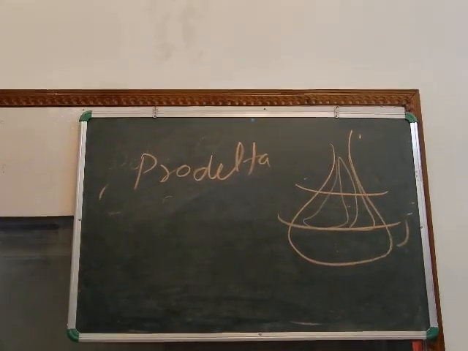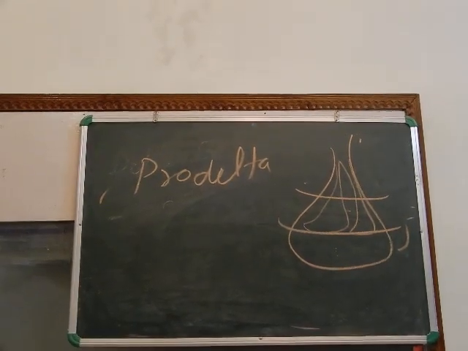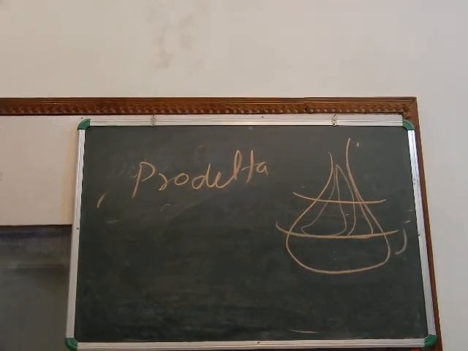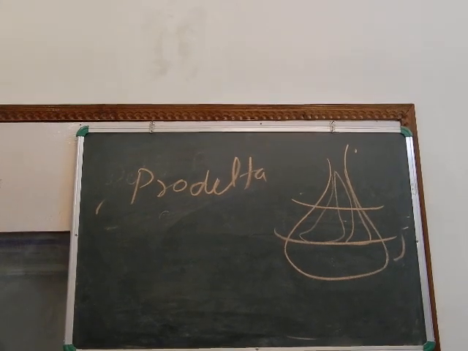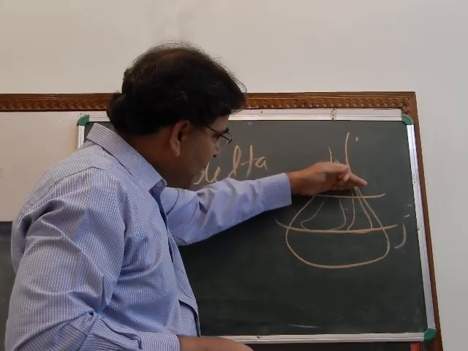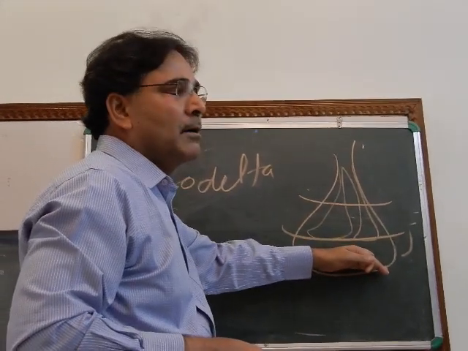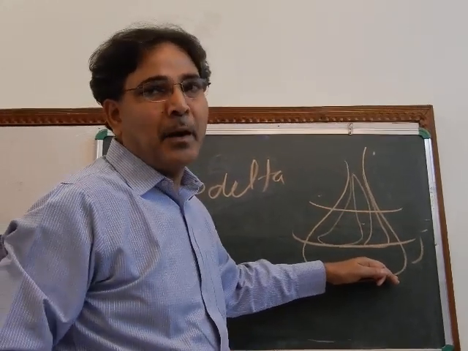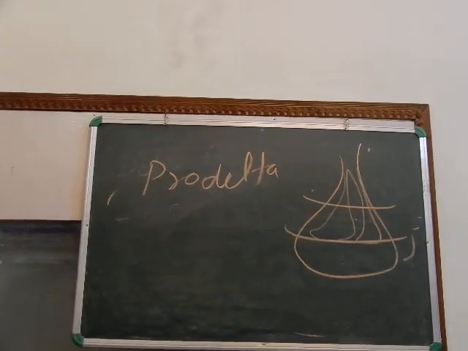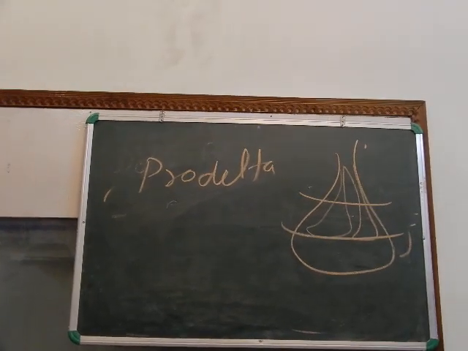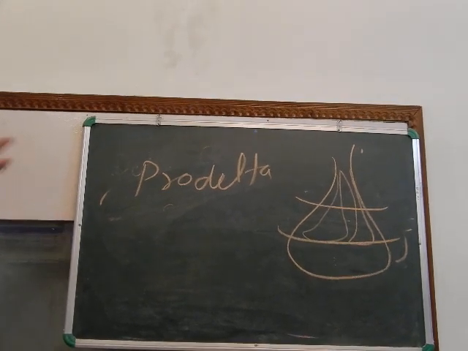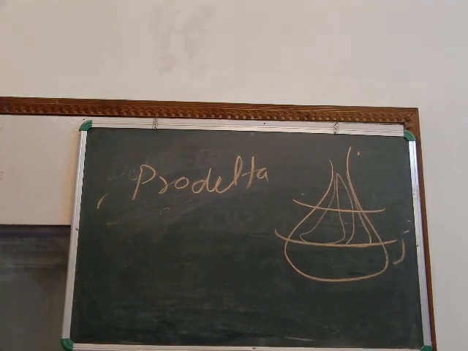The prodelta and bottom set are characterized by mud deposits, clay and silt deposits, and these sediments are very fine grained. As you move away from the delta top, the bottom is the region of the finest particles in the deltaic system, and they are either bioturbated or laminated. This is the region of the prodelta where we get the finer sediments.